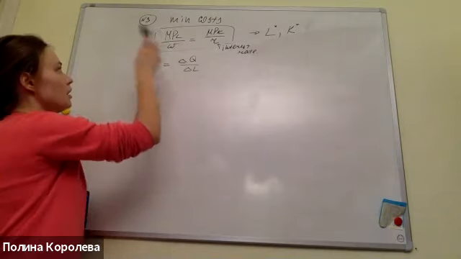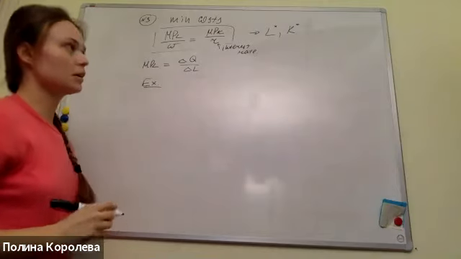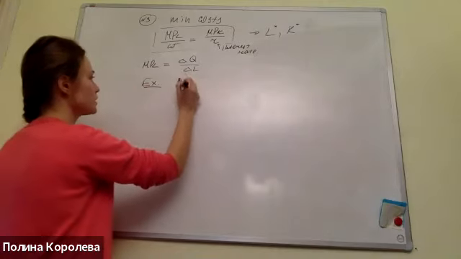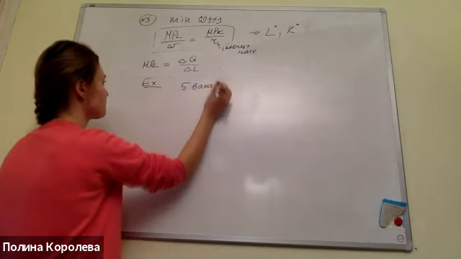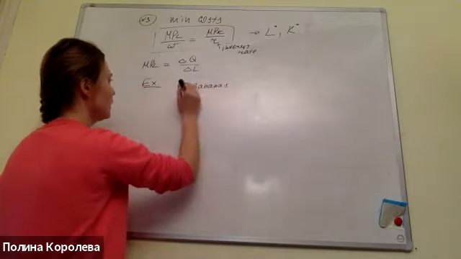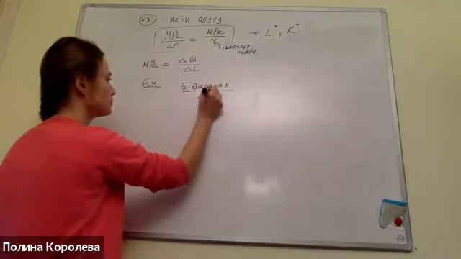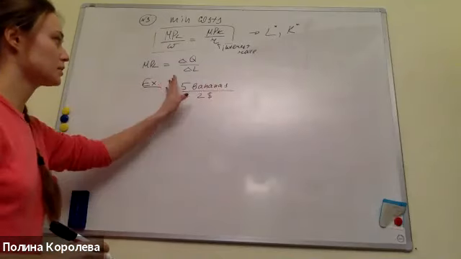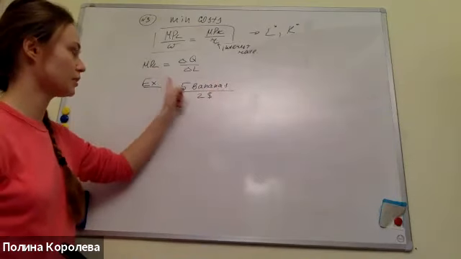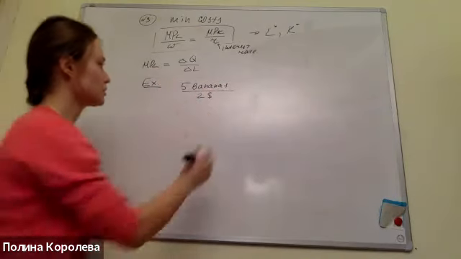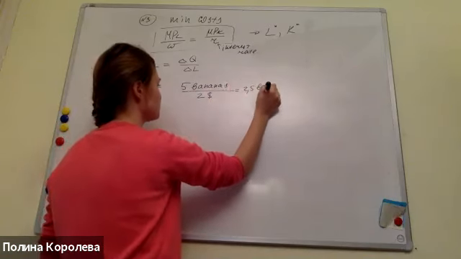Let's say the last hired worker produced for us 5 additional bananas, and we paid him a wage of $2. This is 2.5 bananas per dollar.